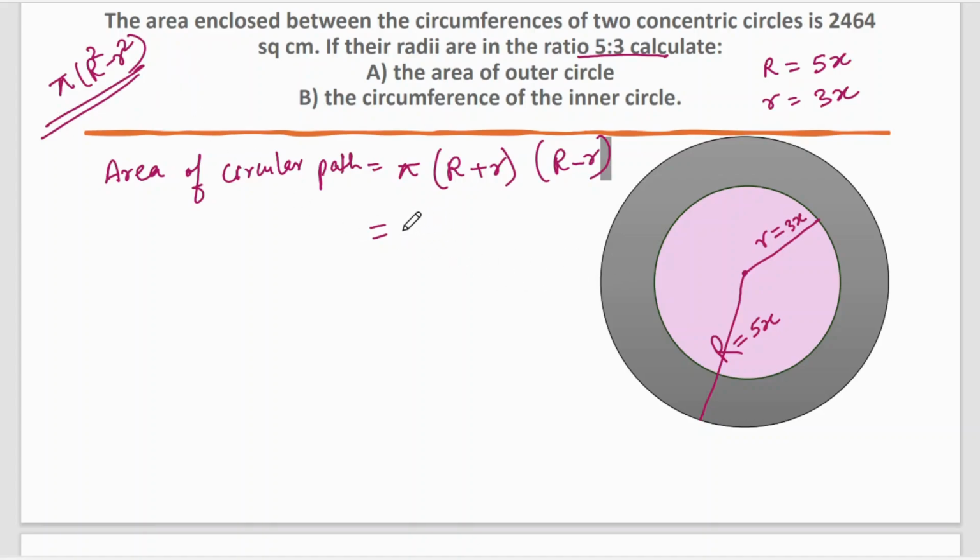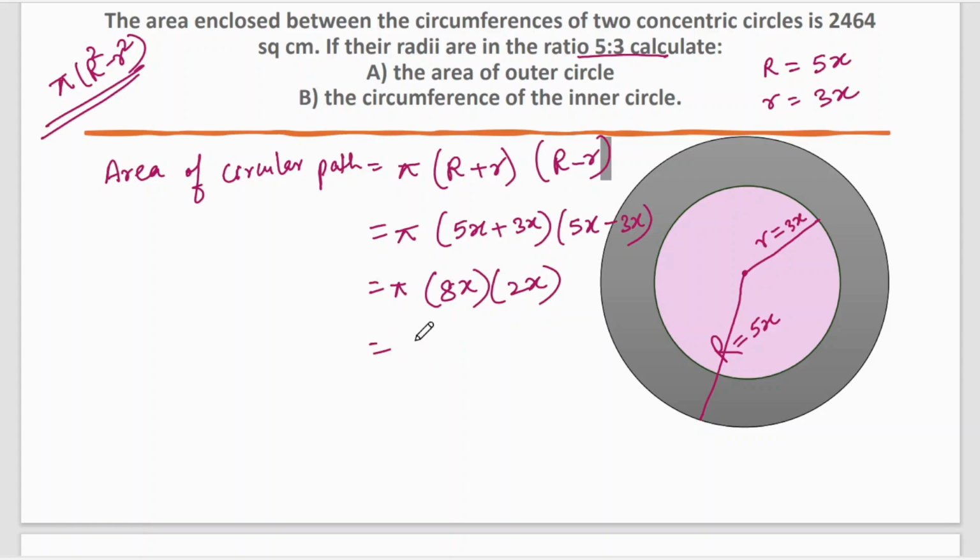Here capital R is 5x and small r is 3x. So it is pi into 5x plus 3x, that is 8x, and 5x minus 3x, that is 2x. So it is 16x square into pi also.